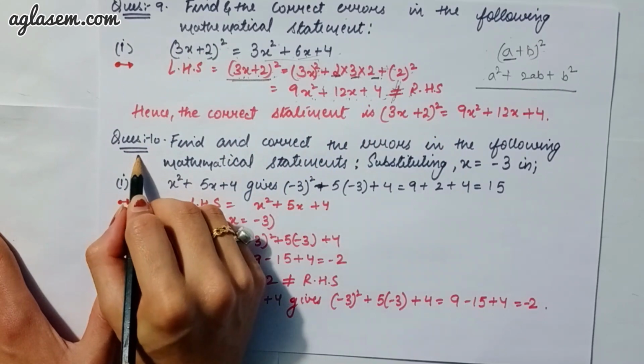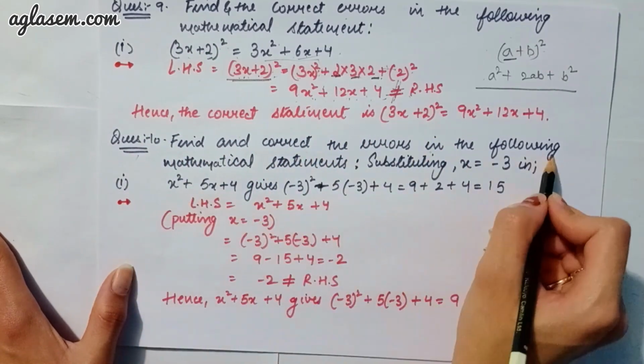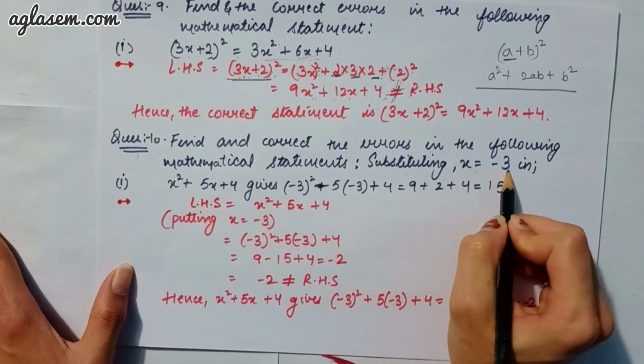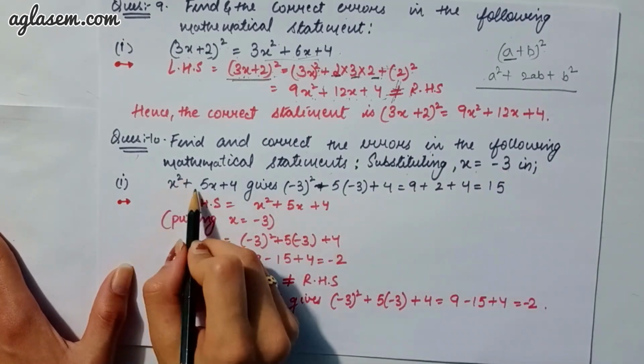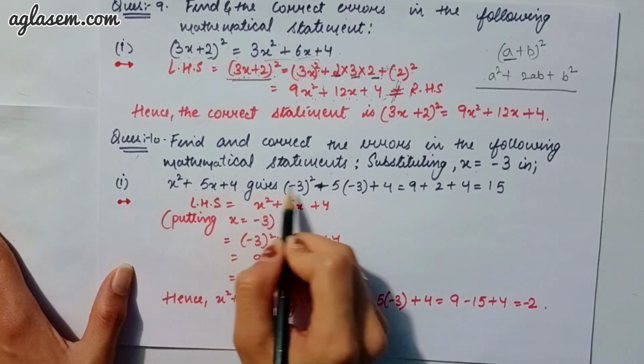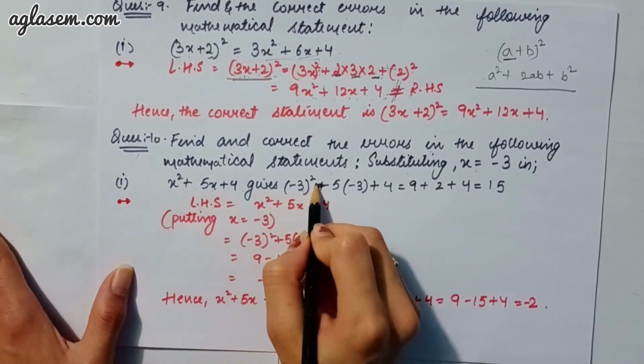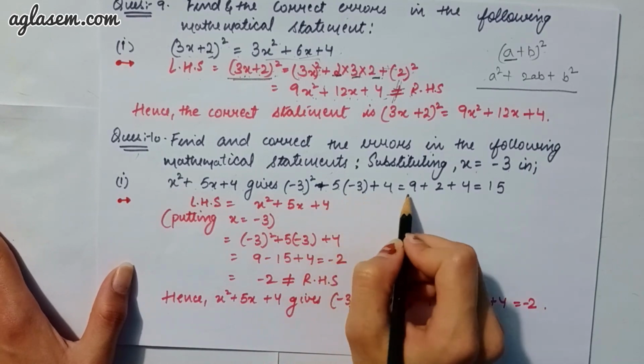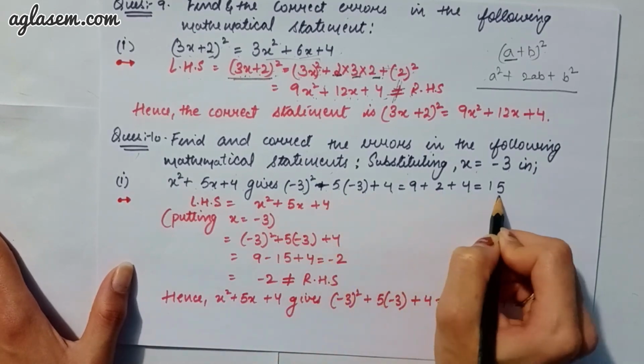Moving to our 10th question, which says find and correct the errors in the following mathematical statement, substituting x = -3. So x² + 5x + 4 gives (-3)² + 5(-3) + 4 = 9 + 2 + 4, that is 15.